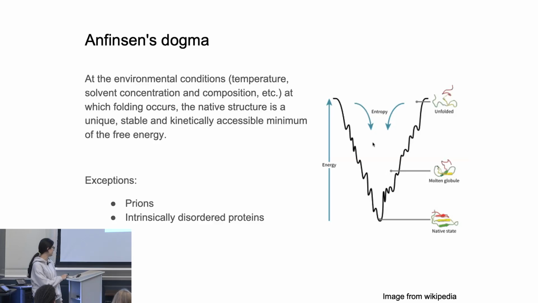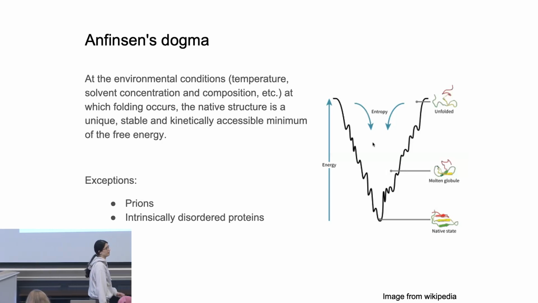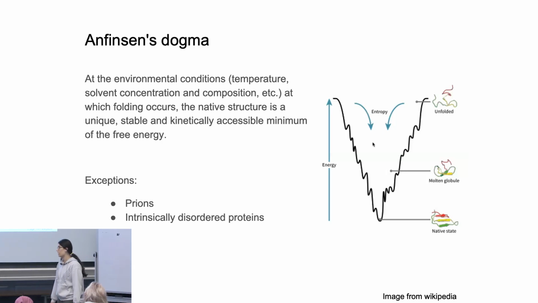So these, and the formal name is intrinsically disordered proteins, don't necessarily follow this logic. It's not that every time you can reach a local minimum that is functional and is the native structure. Also, sometimes this occurs with just natural enzymes.